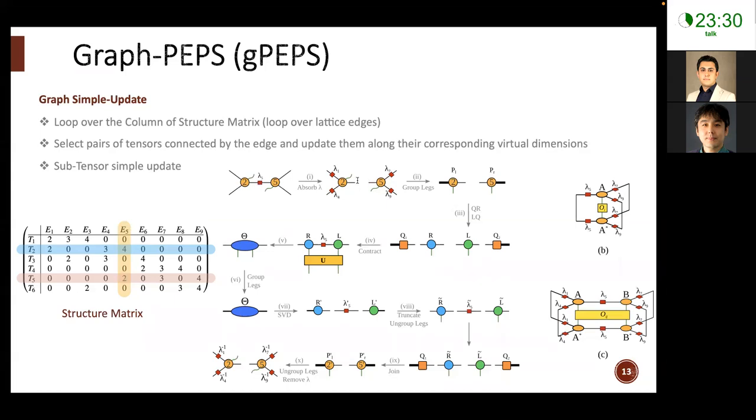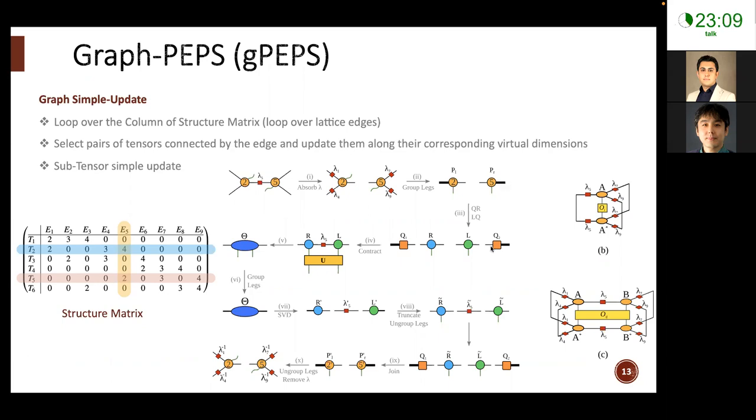So we exclude them and keep them for the update, and then we group all of the remaining legs together. We build these MPOs, these MPSs, and then we can do a simple update similar to what you do in 1D for the iTEBD. Of course, here you would see that this grouped leg dimension may also be large.